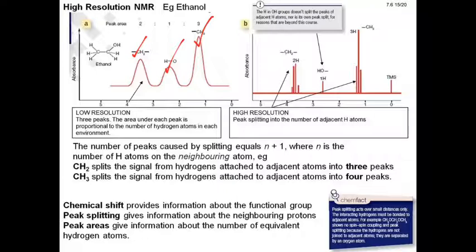So that's where the n+1 thing is coming from. You look at the environment, you see how many peaks, and you say, well, that's n+1 as many protons as this one has. That's what you do. That's how it works.